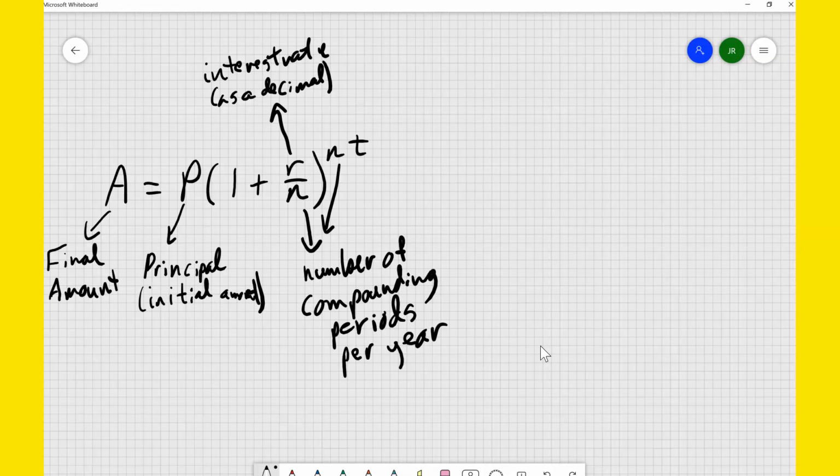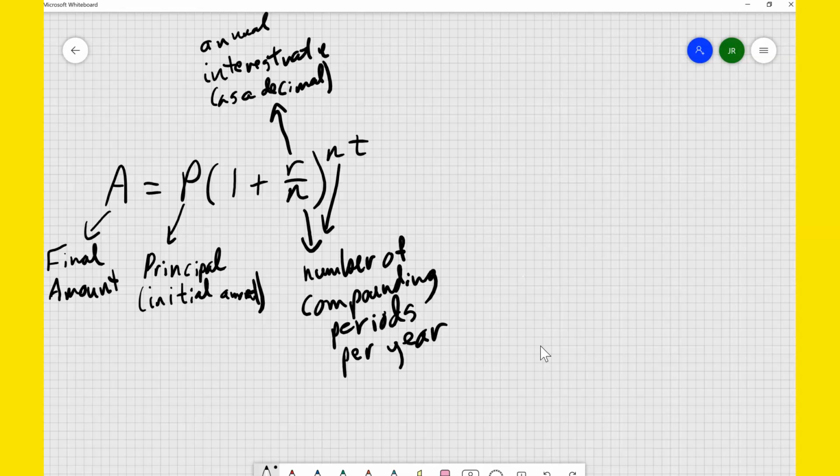It could be per any unit of time, but it needs to be the unit of time for the interest rate as well. So we're just going to say this is the annual interest rate. So the interest rate is per year as well as this N is the number of compounding periods per year, just to make it simple for you, because that's how the information is usually given.